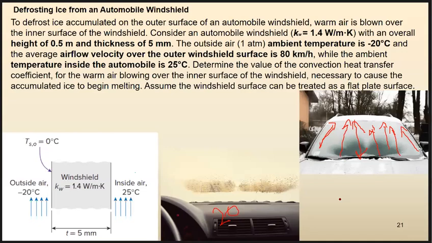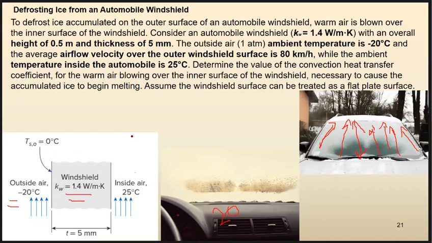Assume the windshield surface can be treated as a flat plate surface. So first of all, we want to assume that, and it is very important. So you see, this is the schematic of the problem. Inside temperature is 25. The conductivity of the windshield material is given. Outside temperature is negative 20 degrees Celsius. The thickness is given. What is the temperature of the outer surface of the windshield?